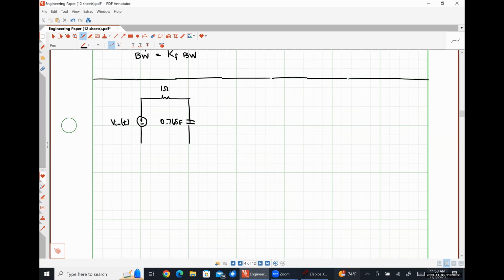So this is 0.765 farads for this capacitor, 1.848 henries for this particular inductor, 1.848 farads for this capacitor, and 0.765 henries for this inductor.